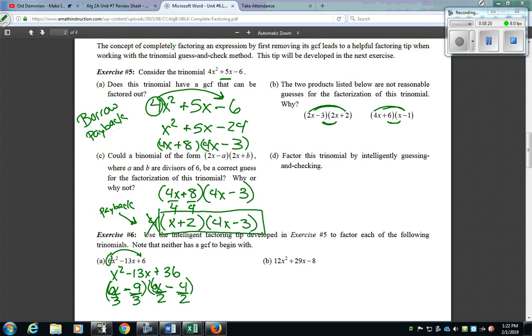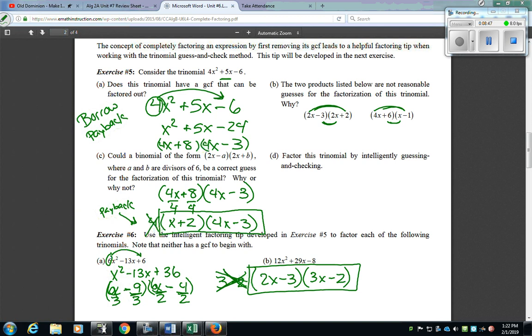So what that means is I'm going to have, and I'm going to write this over to the side, a 3 and a 2 that I'm going to put in front, that are going to be factored out. And then in the parentheses, I'm going to have 2x minus 3, and I'm going to have 3x minus 2. Now the 6, the 3 times 2, is going to be crossed out, because that's what I'm going to pay back. So this will be my factored form of what we just talked about.